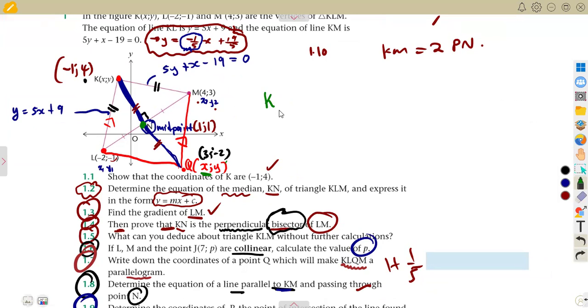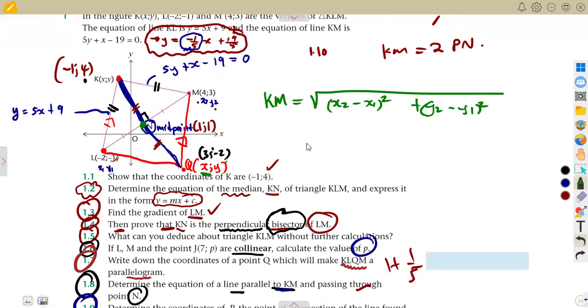Remember, from the distance formula, we calculate the square root of x2 minus x1 squared plus y2 minus y1 squared. It depends on how you take K and M, but we just need the x values.